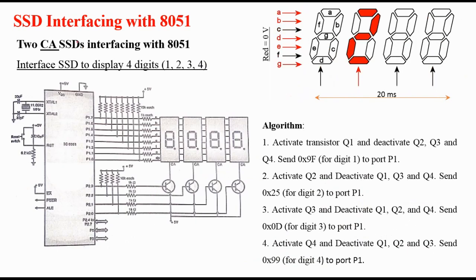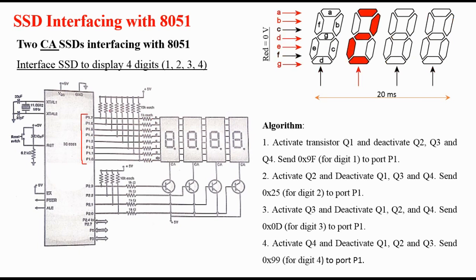Now we will interface all those 4 7 segment displays to the microcontroller. Here you can connect 4 7 segment displays like this, where each display's A to G pins with DP will get connected to port 1 via those resistors.